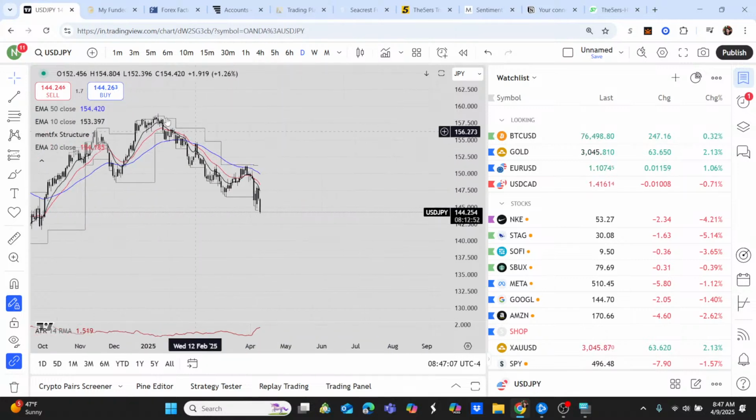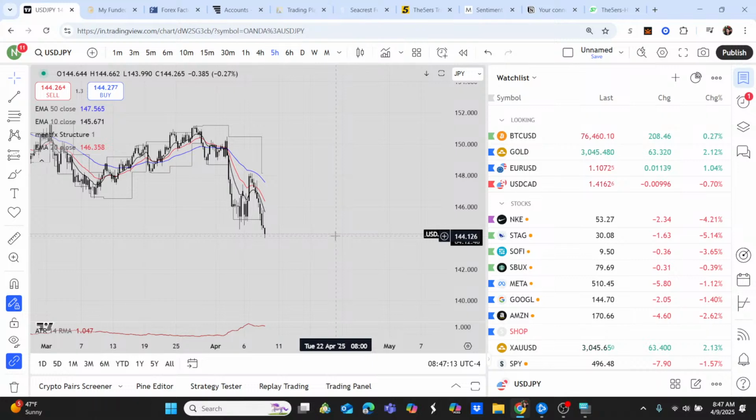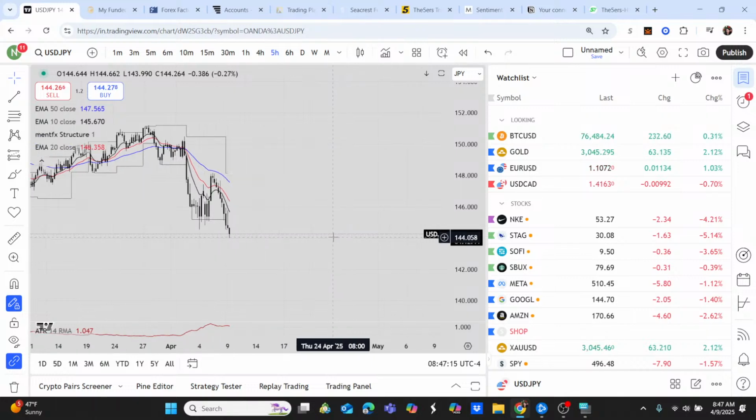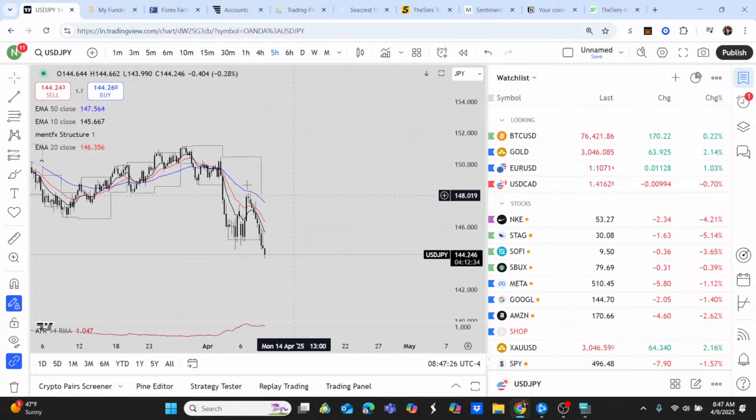That's the flow on the daily. Okay, we're actually moving pretty good on this 5 hour right here. Had a flush. We had price on pause at the 10, pushed down nicely, made it to the 20 and then pushed down nicely.